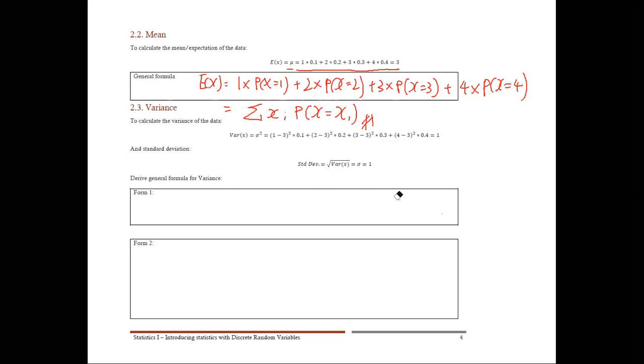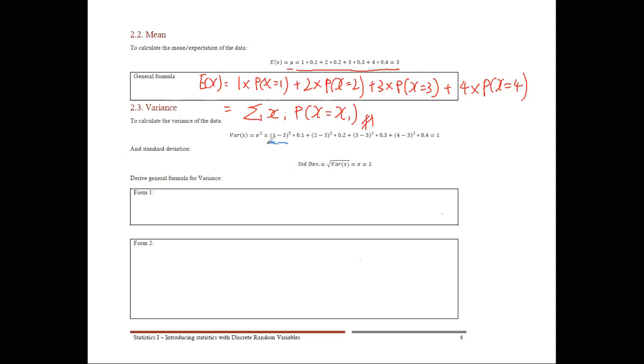Next, how about variance? As I mentioned, the variance is how much each of my data deviates from the average value. So how do I calculate it? If you look at the numerical formula here based on the example, for the random variable 1, I will subtract it by 3 because 3 is the average value, correct?